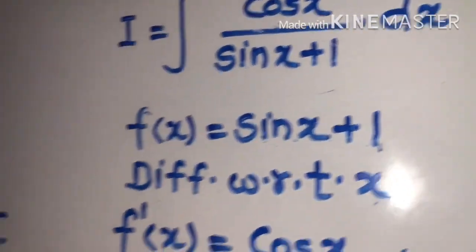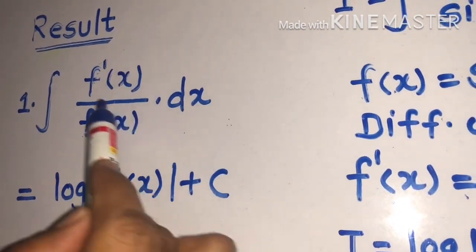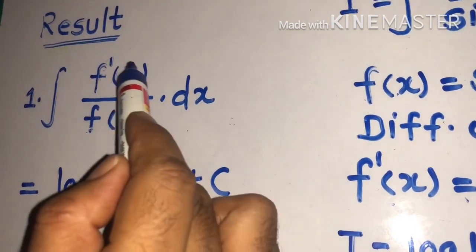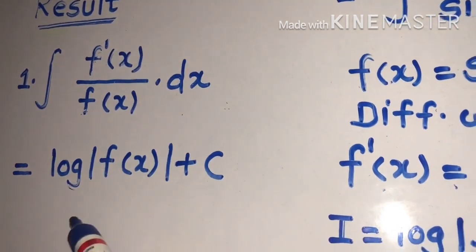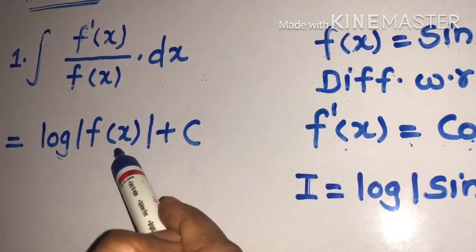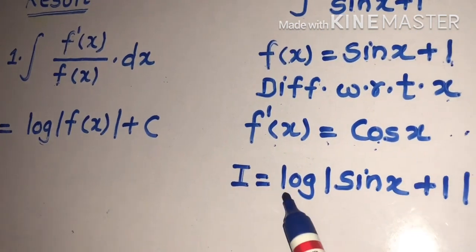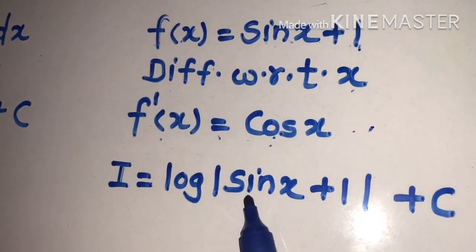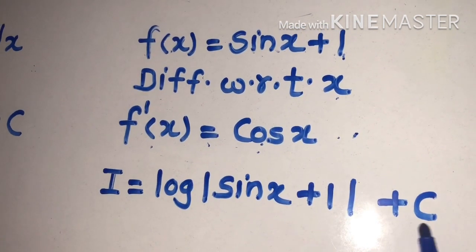So this result tells us that one function is present in the denominator and its derivative is present in the numerator. Then its answer is log of mod of f of x plus c. According to this, we have the answer log of mod of that function sin x plus 1, plus c.